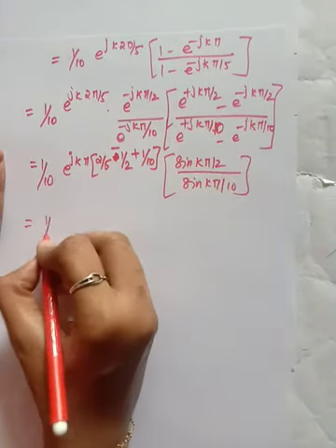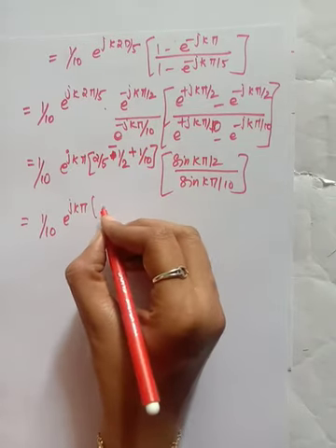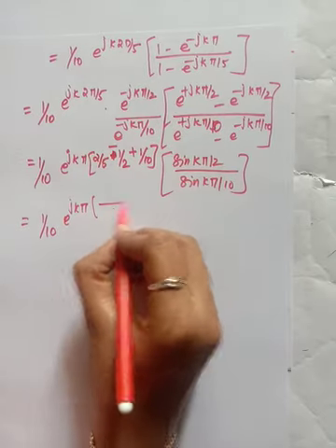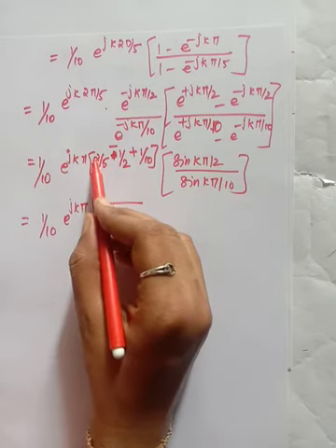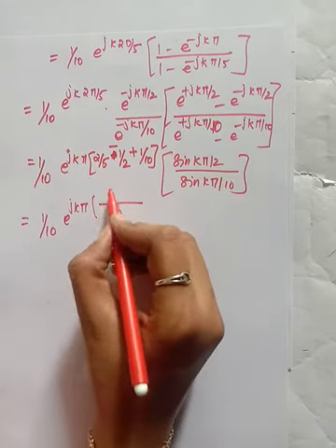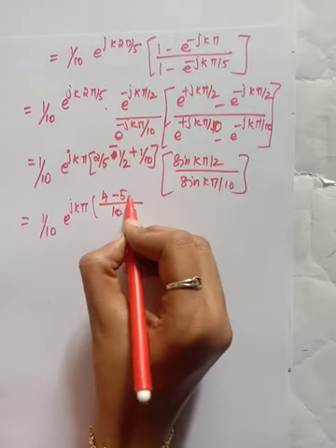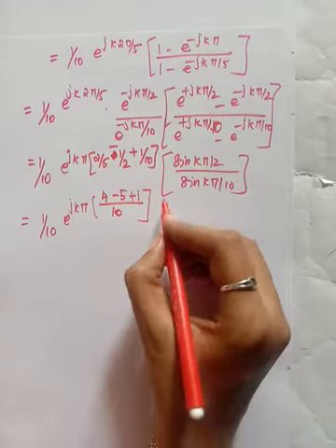When you simplify 1/10 e^(jkπ) by taking the LCM, you will get 10, here it is 2 times, so 4 minus 5 plus 1, and 5 minus 5 is 0.